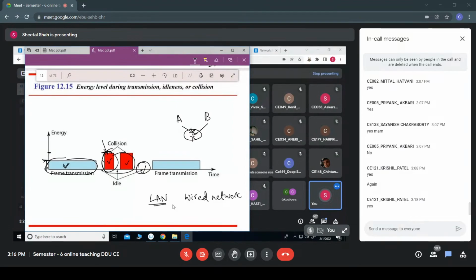Even if station A sends some frame, and station B has also sent a frame, when station A listens to its own frame, due to atmospheric noise the signal would not be received with the same strength as what A has transmitted.